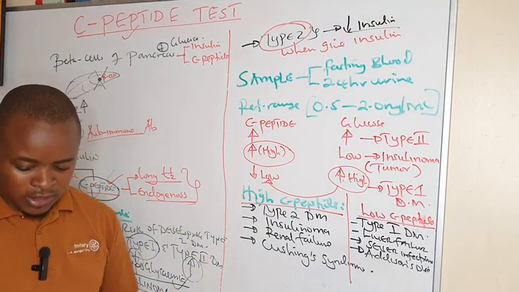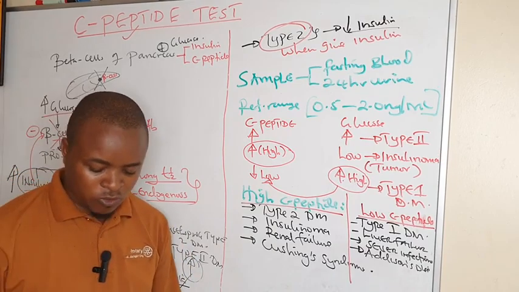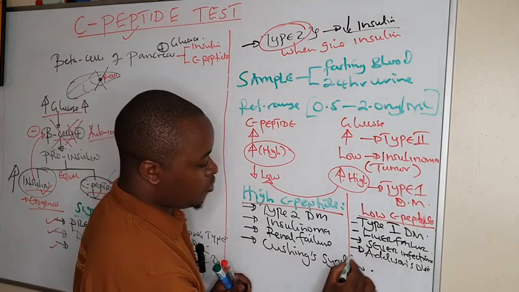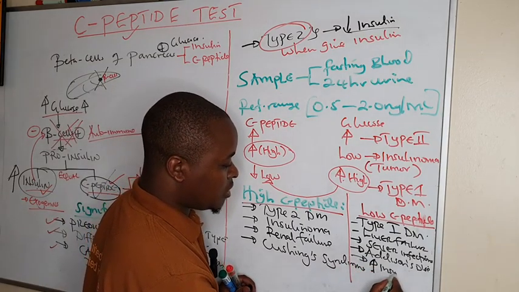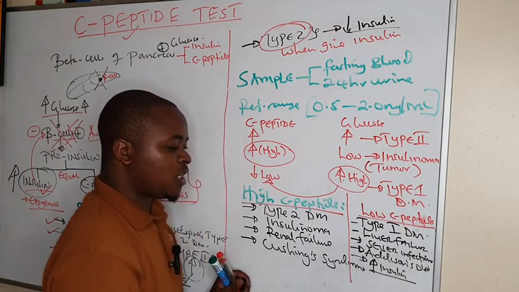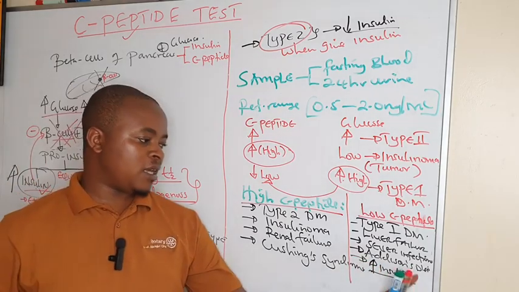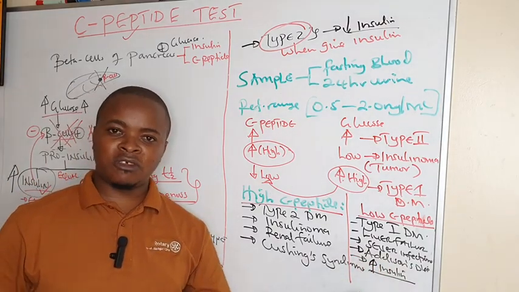And we can also see it in conditions whereby someone has been taking increased levels of exogenous insulin, especially those with type 1, whereby they have taken excessive treatment of insulin.